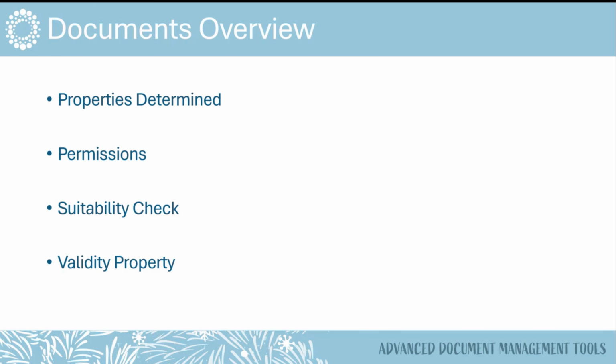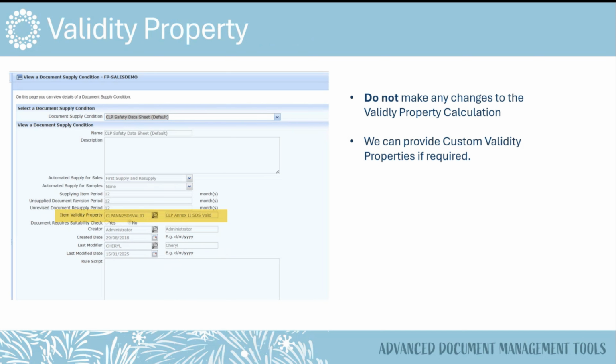And then importantly, validity property. So I'm sure we've all had that really annoying message when we try to print a document and it's telling us it's not valid because we've missed off a flashpoint or a recommended use for the safety data sheet. Okay. So validity property. So in the document supply conditions, we can see the validity property.